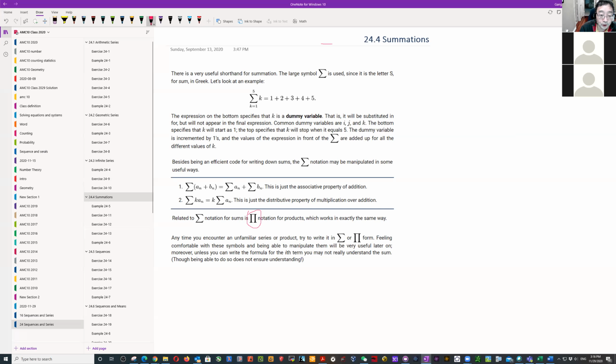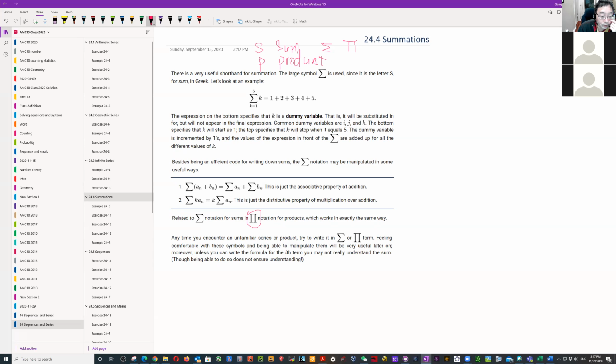So this is sigma, and this is pi, and sigma is the Greek letter for S, and pi is the Greek letter for P, and S stands for sum, and P stands for product. So basically, it's very natural to link those signs with a shortcut for the summation and continuous product.